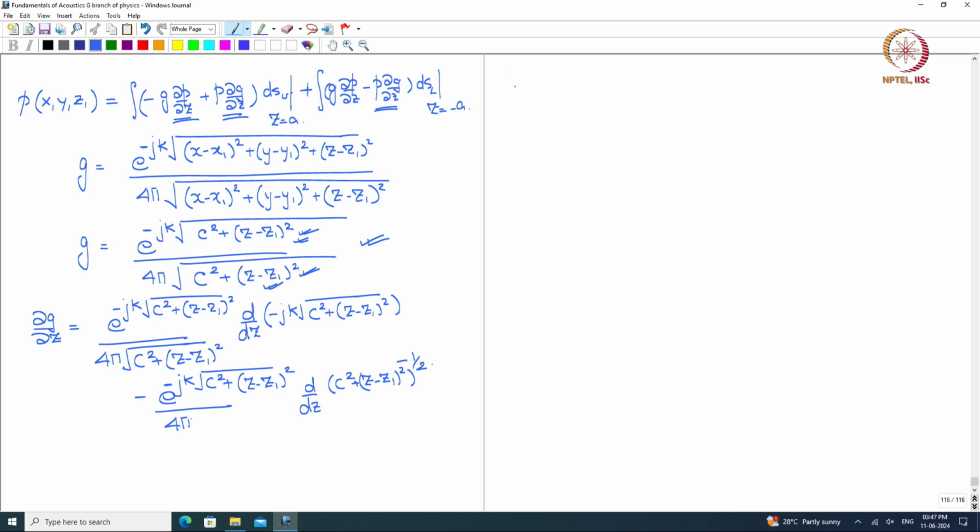We get e to the power of minus jk square root of c squared plus (z minus z1) whole squared.